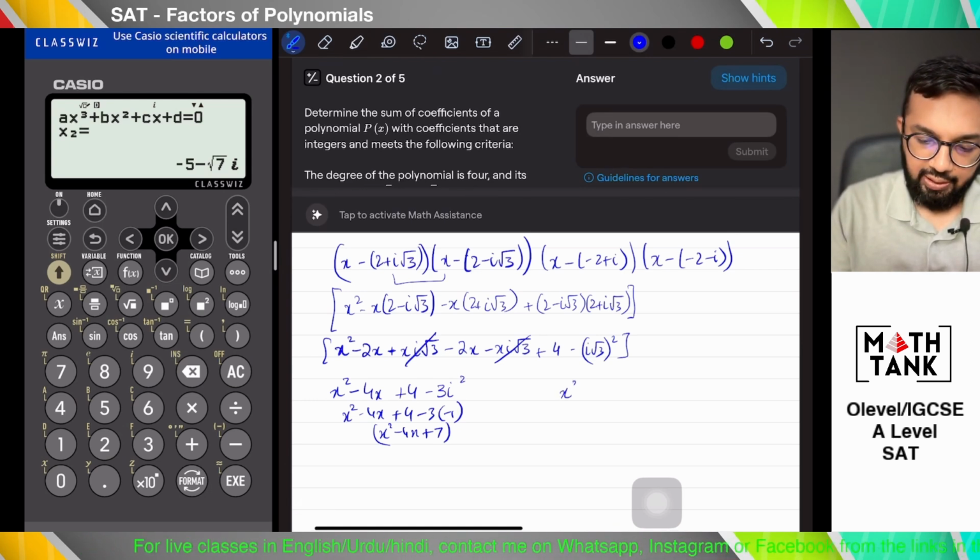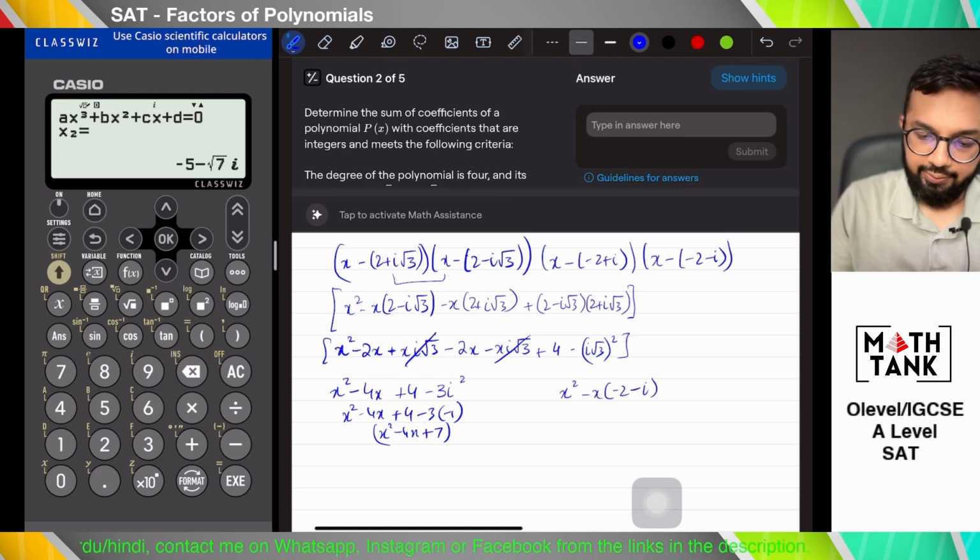I start multiplying, I get x squared minus x minus 2 minus i, minus x minus 2 plus i, and then plus minus 2 plus i and minus 2 minus i.